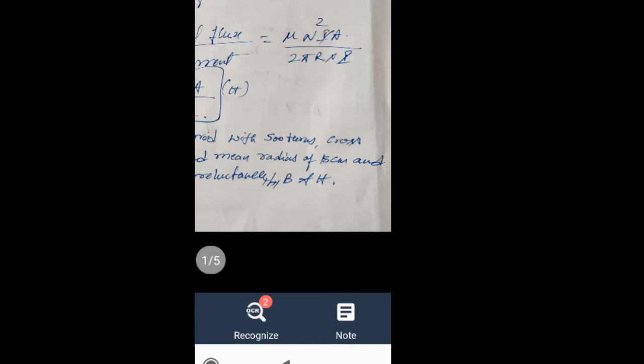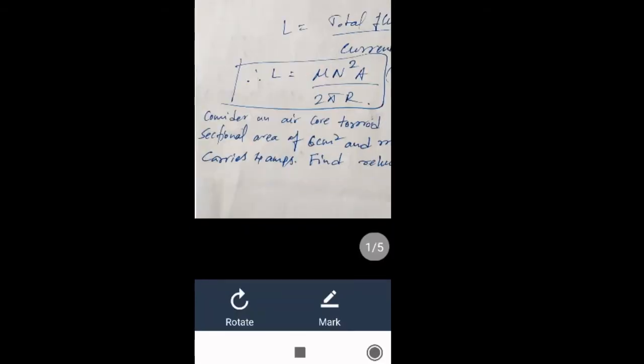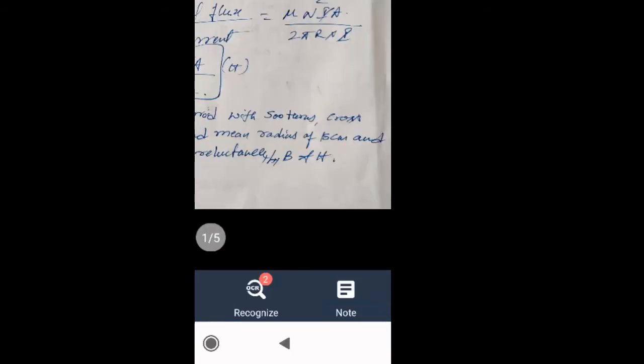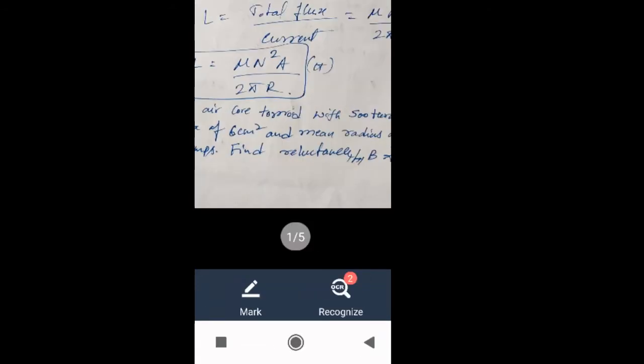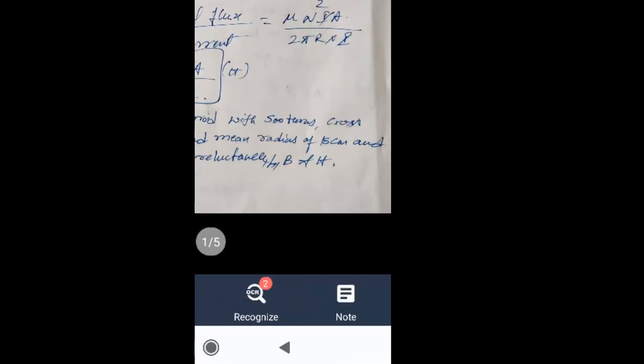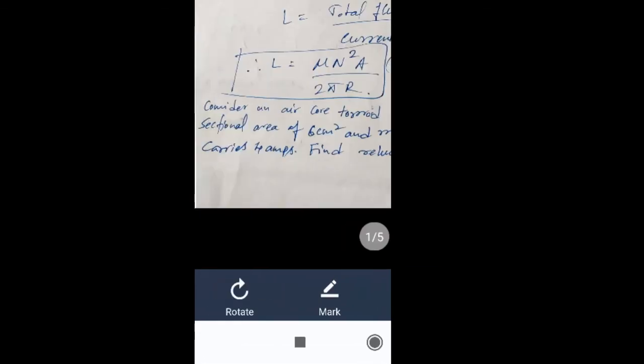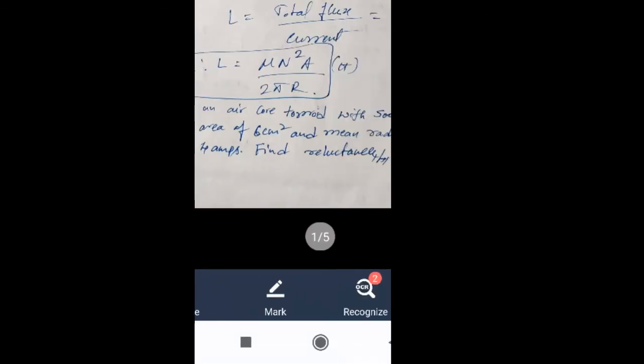I'll repeat the question once again. Consider an air core toroid with 500 turns, cross section area of 6 centimeters squared, and mean radius of 15 centimeter, and carries 4 amps. Find reluctance, which is always represented by S, inductance L, flux density B, and magnetic field intensity H. These are the different parameters you have to find.